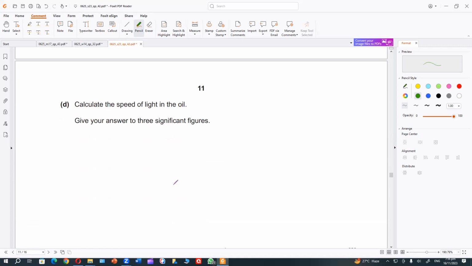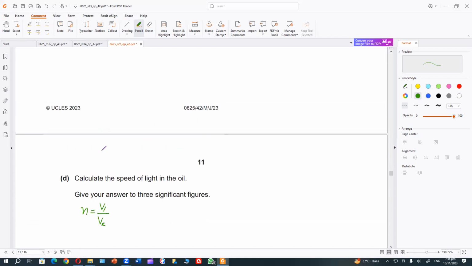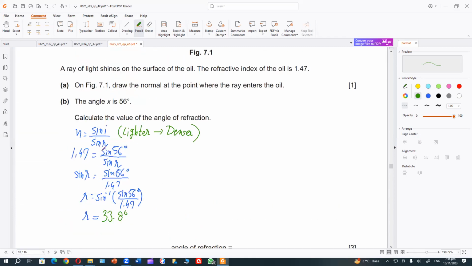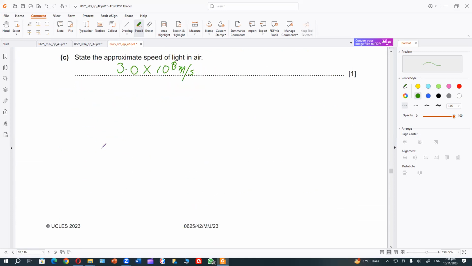Calculate the speed of light in the oil. This is the formula. What is the refractive index?